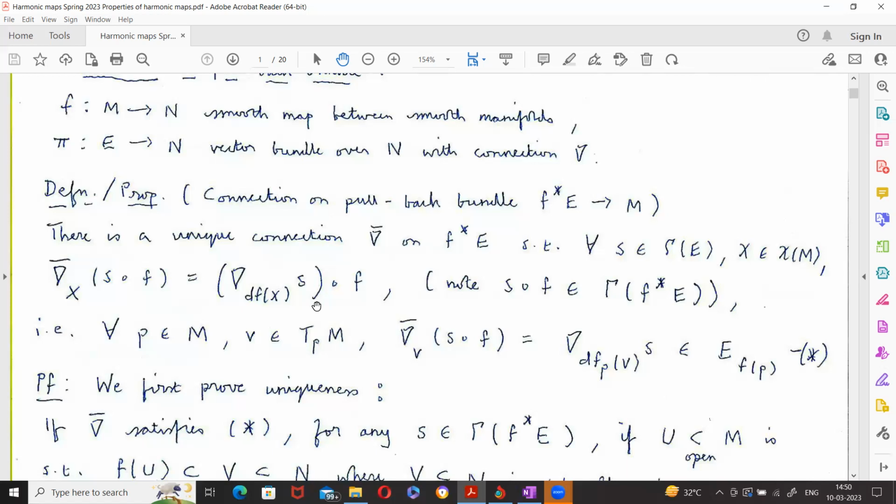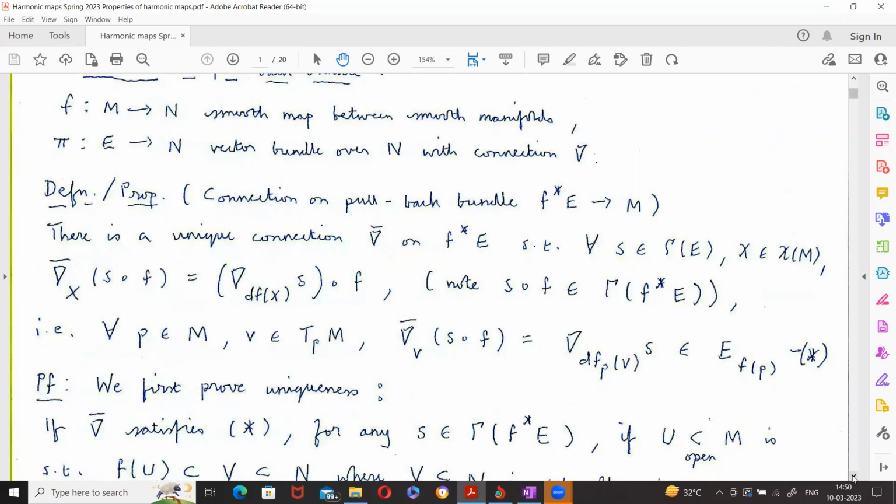So covariant derivative along a curve is a special case of this pullback connection. Is that clear? Right, this compatibility condition is exactly what gave us the existence and uniqueness of the covariant derivative of a section along a curve.